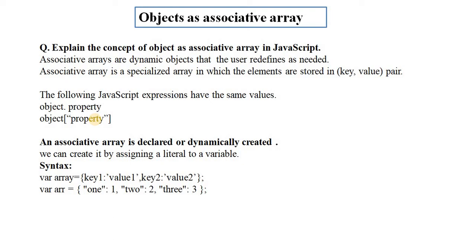The meaning of object as an associative array is that arrays are JavaScript objects, and JavaScript also allows the object and its properties to be accessed as if they are arrays.